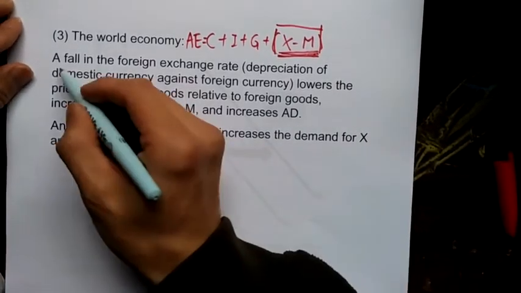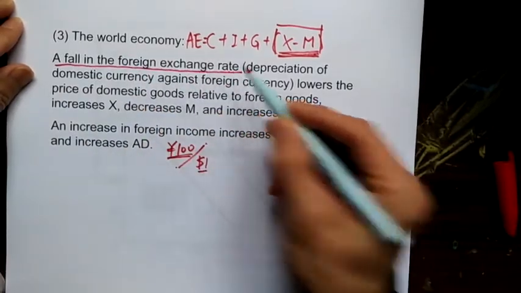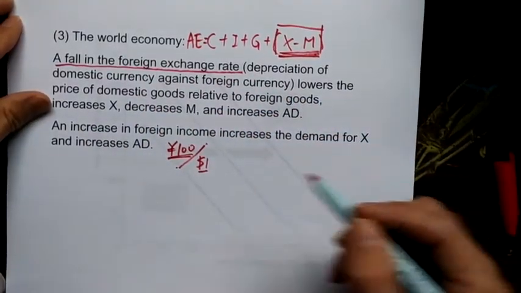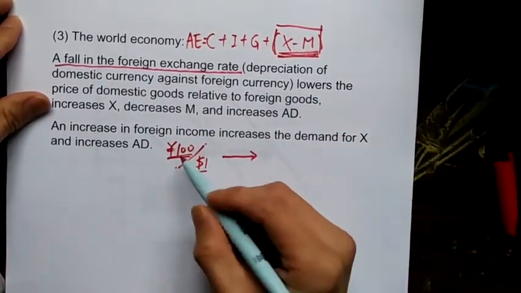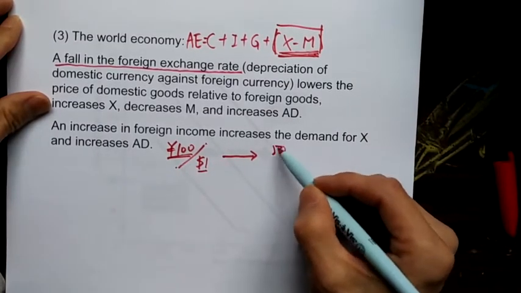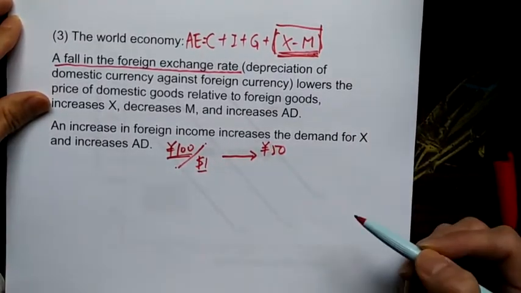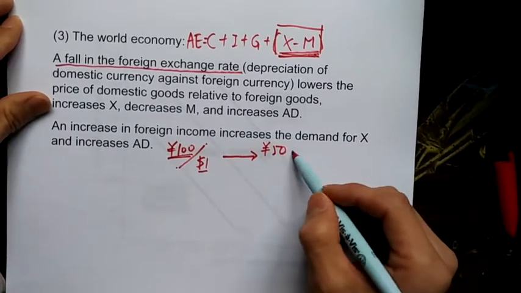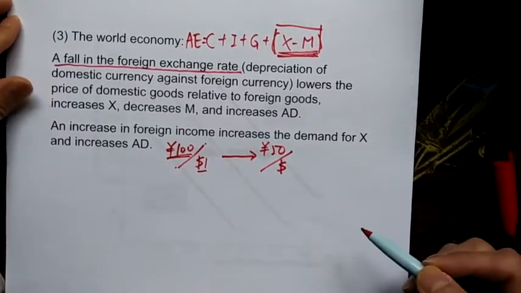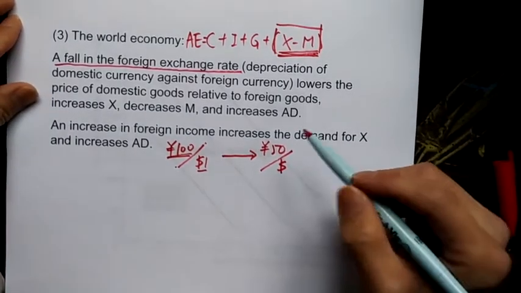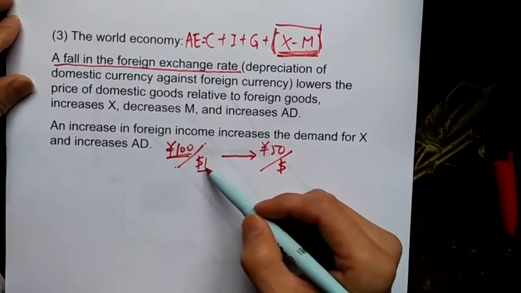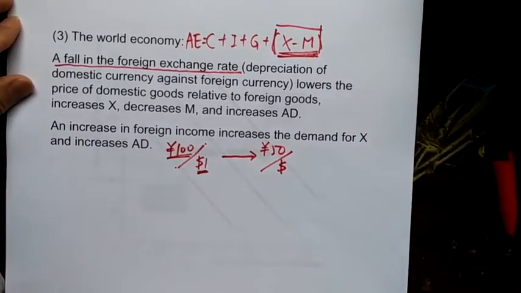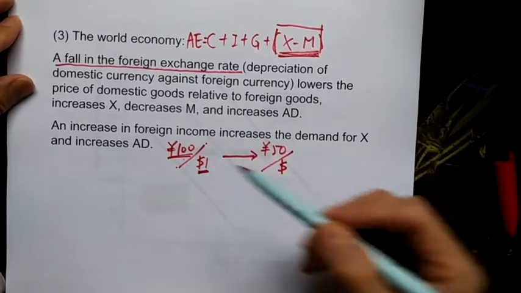Now, say the exchange rate falls from 100 to 50 yen per dollar. Originally, we could use $1 to buy 100 yen.